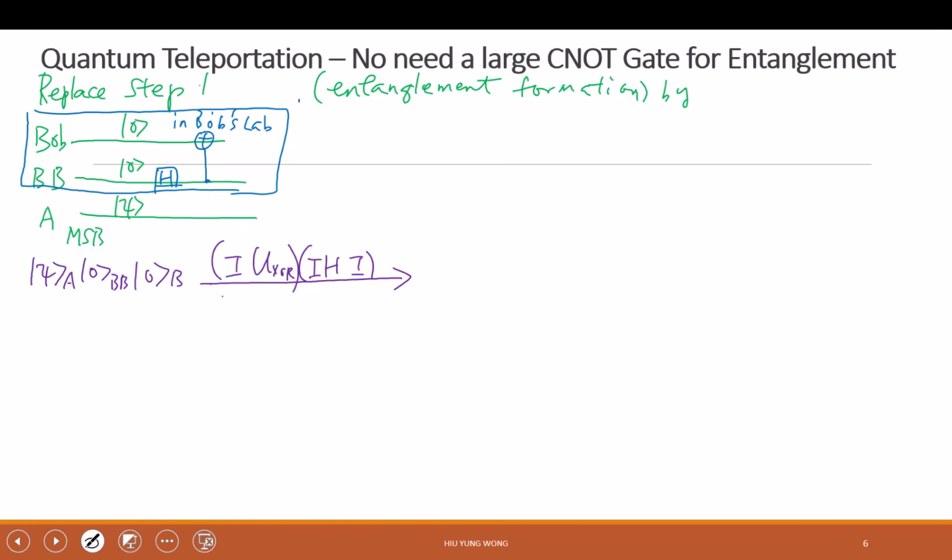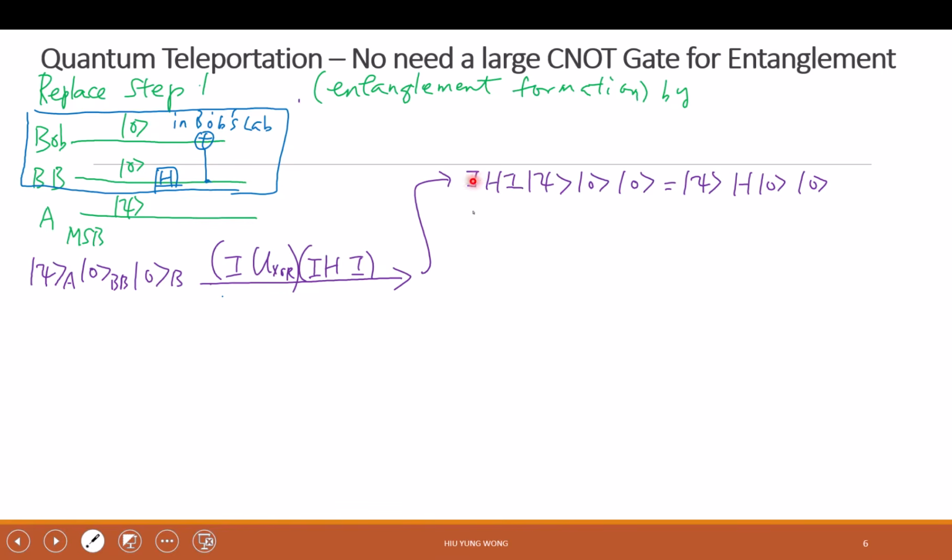If you do this, you will see when you apply I H I to psi 0, 0, it means what? It means psi is not changed, apply H to 0, and then the last qubit also doesn't change, right? So I may be a little bit messy, but I think this is a good practice to make sure that you understand things well.